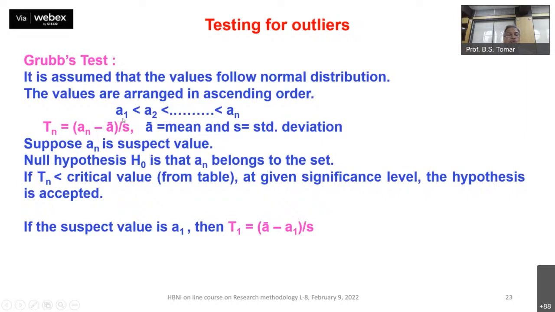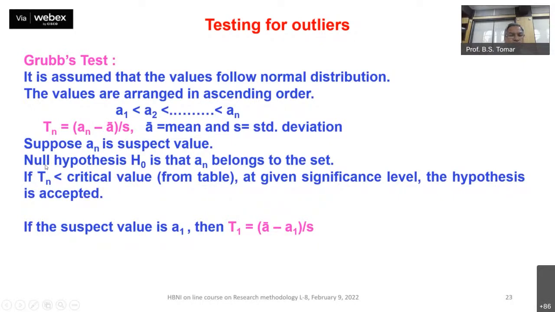And here you use the mean value and the standard deviation from that measurement to deduce a quantity called T. So it is like the T value in the t-test. Now suppose you suspect that AN, the last value, is the outlier. You calculate (AN minus A bar) upon S.